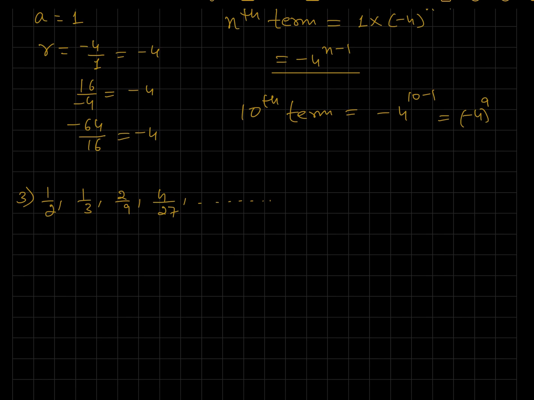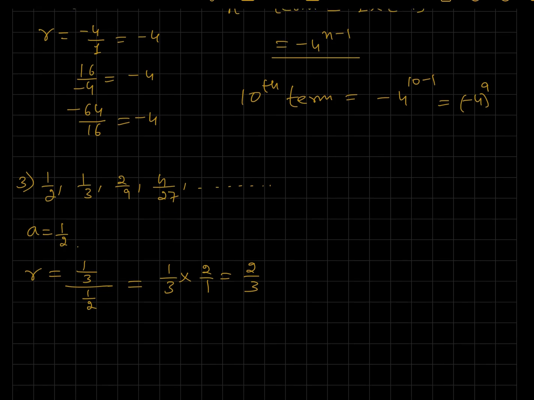A is very easy: the first term is 1 over 2. Now we need to find r. R is the ratio of two consecutive terms, right? So this is 1 over 3 divided by 1 over 2, which is 1 over 3 times 2 over 1, or 2 over 3.